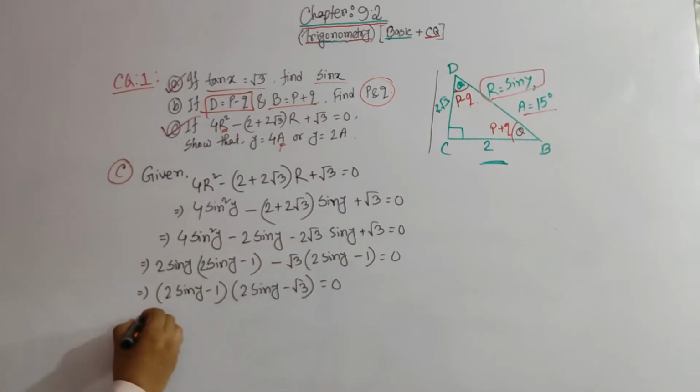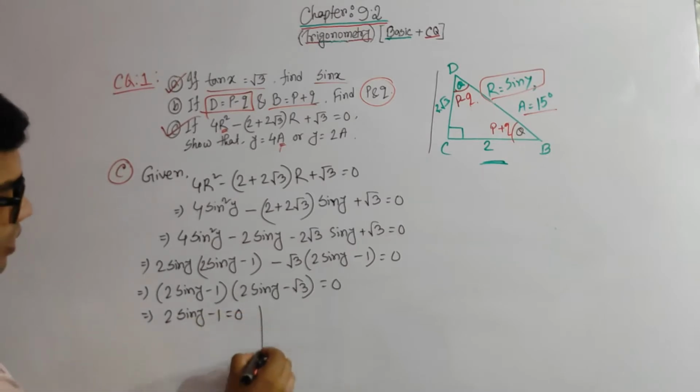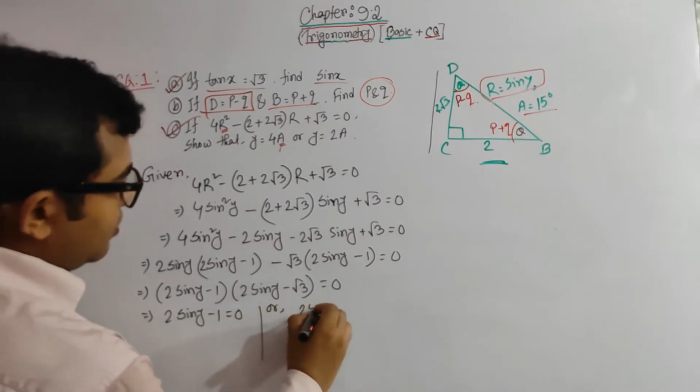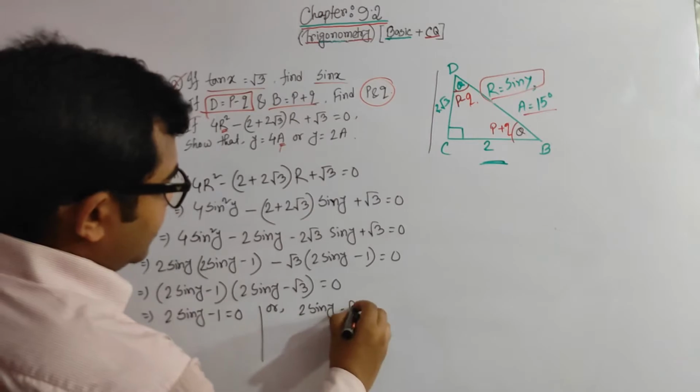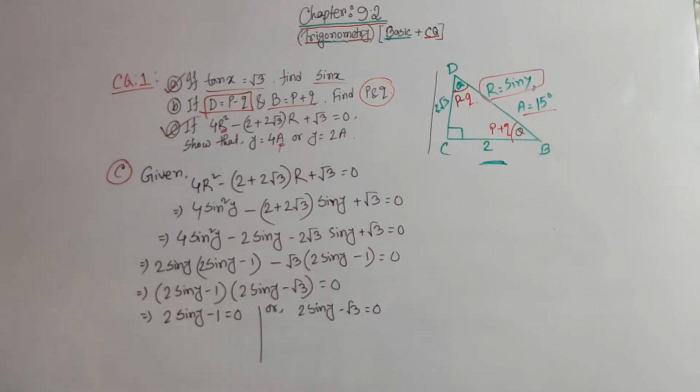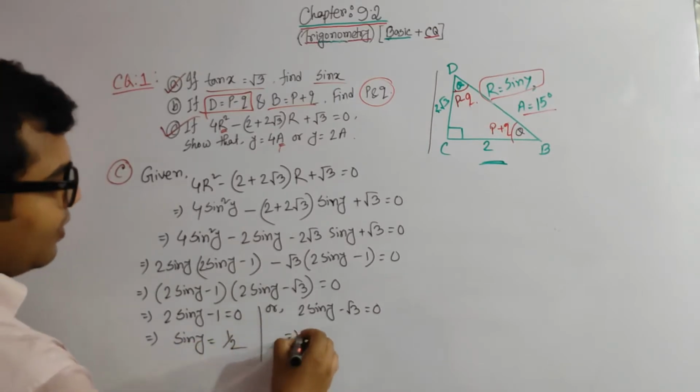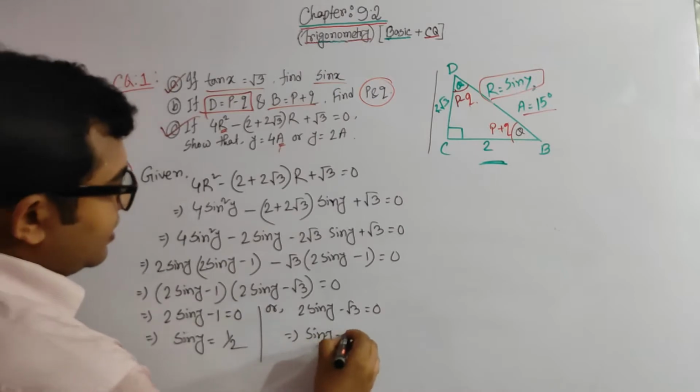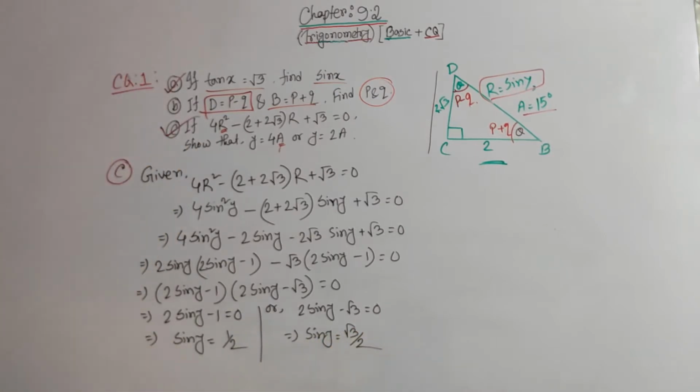From here we can write 2 sine y minus 1 equals 0 or 2 sine y minus root 3 equals 0. From here sine y is equal to half, and from here sine y is equal to root 3 by 2.